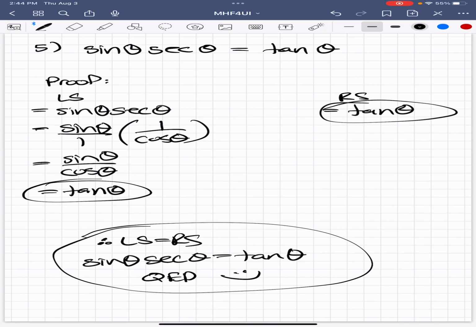Okay, so there's our answer. We just used the reciprocal identity for this one, and then we multiplied it.